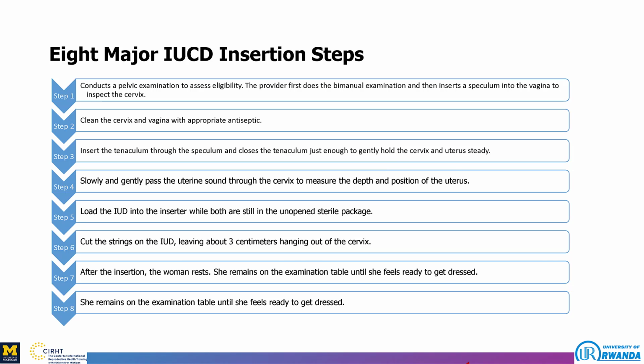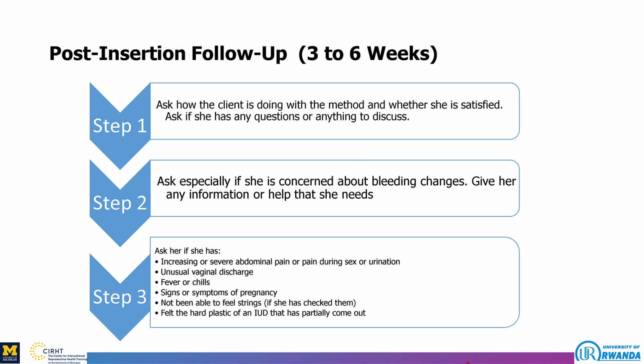After the insertion, allow the woman some minutes of rest. She remains on the examination table until she feels ready and comfortable to get dressed, and then you may make her comfortable and of course give her other advice.